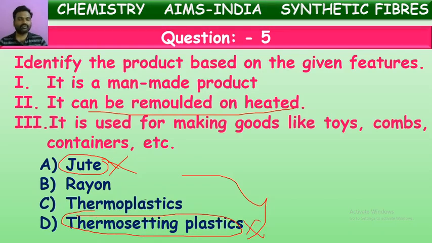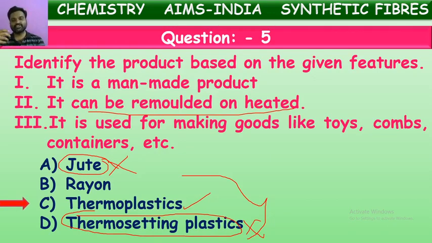Now we have to check among these two. It is used for making goods like toys, combs, containers. Generally, rayon is mostly used for making garments or cloths. So only thermoplastics are used for making all these toys, combs, containers. So the correct answer is thermoplastics.